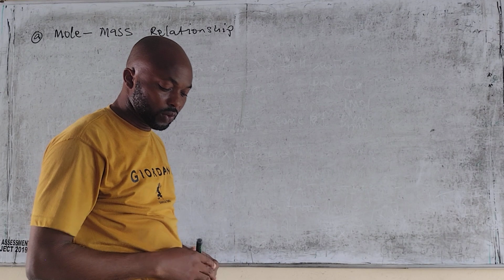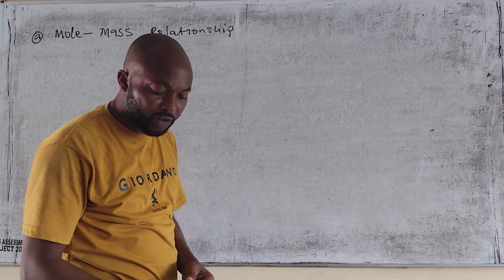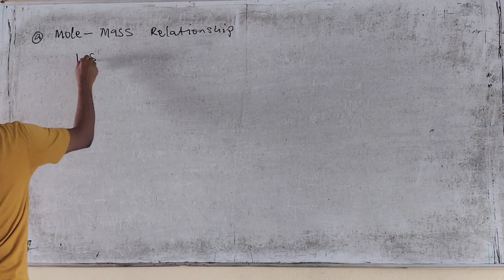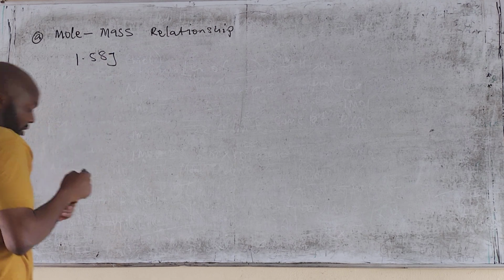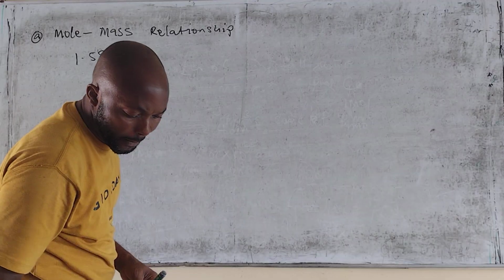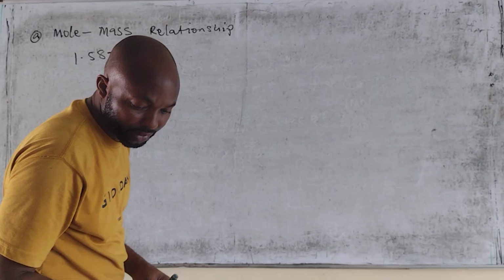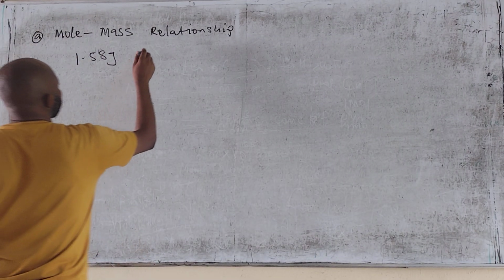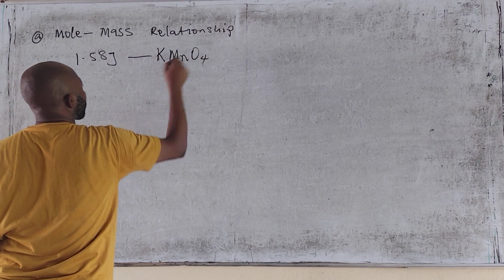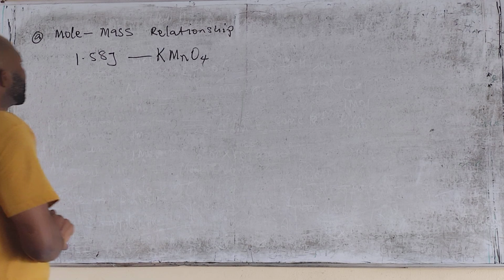The number of moles in 1.58 grams of solid potassium tetraoxomanganate 7, that is KMnO4.